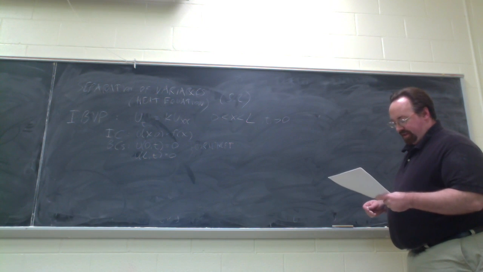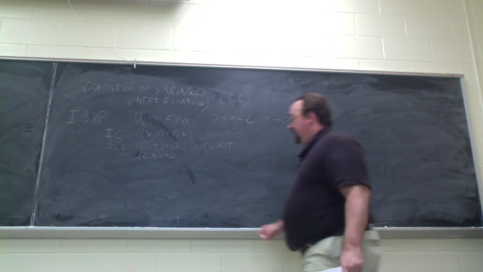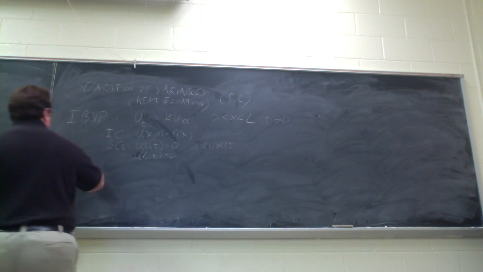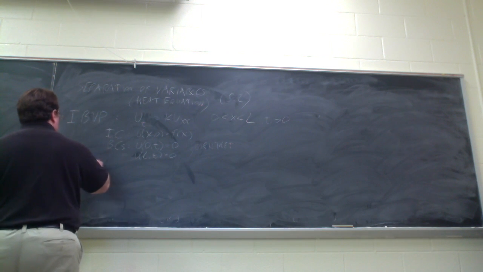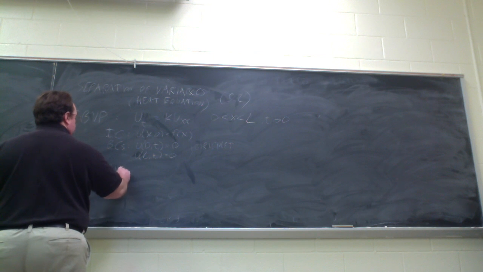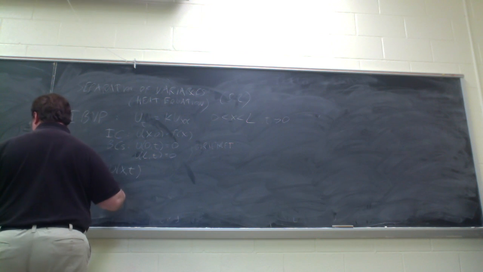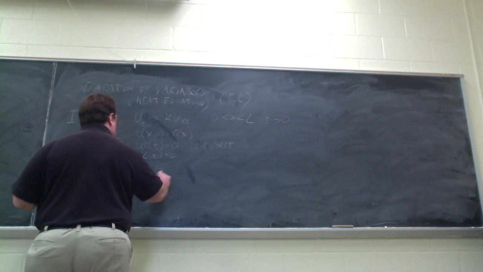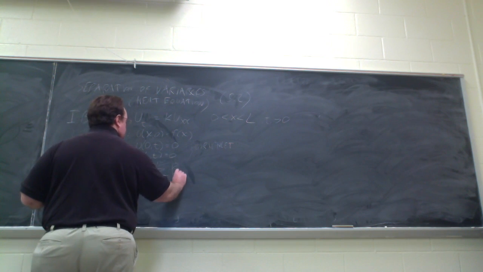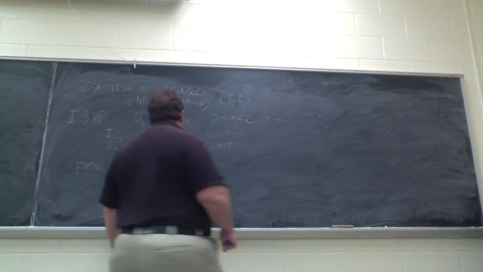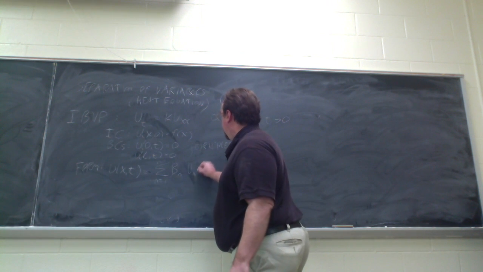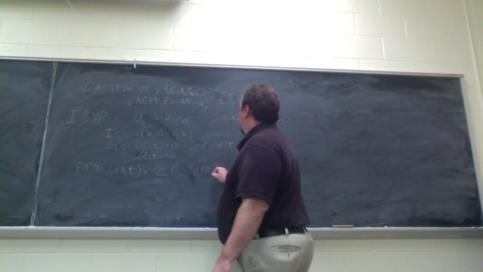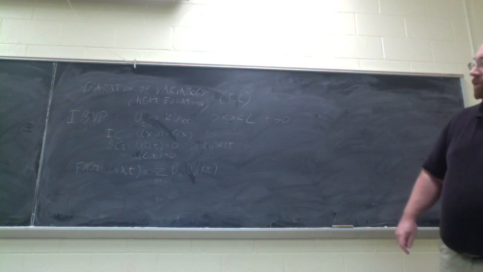Now, the form of our solution that we will impose is some linear combination: there are some constants b sub n times certain solutions that I'll label as U sub n.